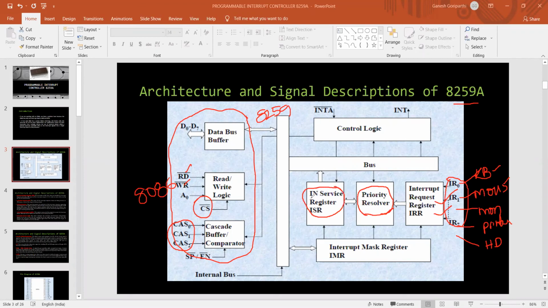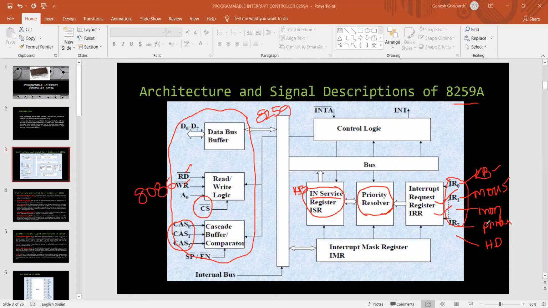So the name itself suggests the importance here. Out of these signals, if keyboard is chosen as the highest priority, then the keyboard signal will be there in this particular register. That means we are serving the keyboard interrupt.